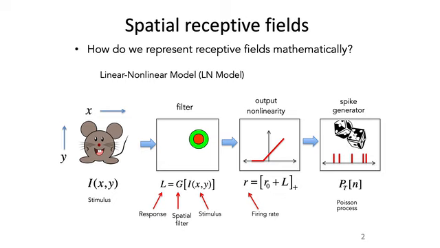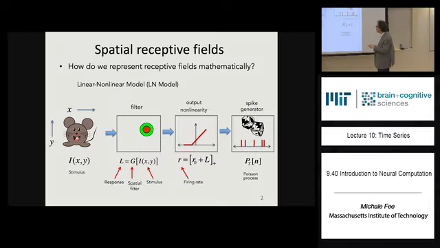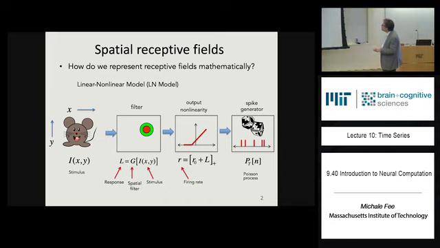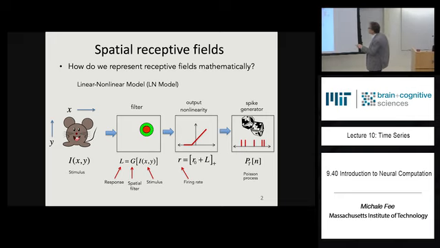That response goes to what's called an output nonlinearity, which typically looks something like this, where a very negative response produces no spiking of the neuron, no output of the neuron, whereas a large overlap of the stimulus with the filter, with the receptive field, produces a large spiking response.